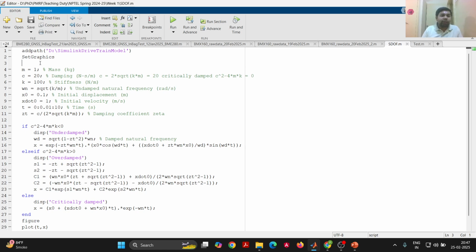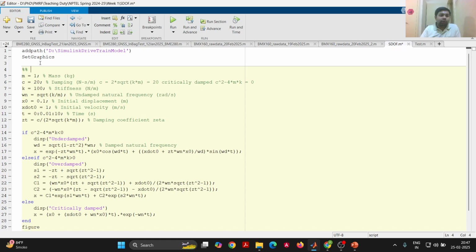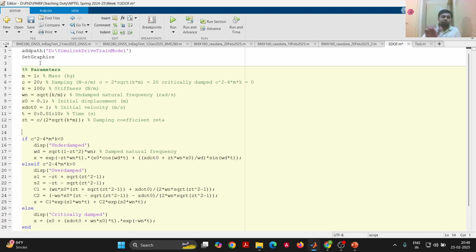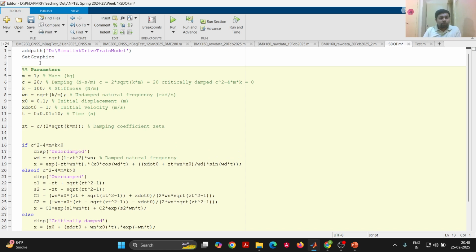So basically these are the set of parameters. Depending on the values of these parameters, what will actually change is the damping coefficient or damping ratio.